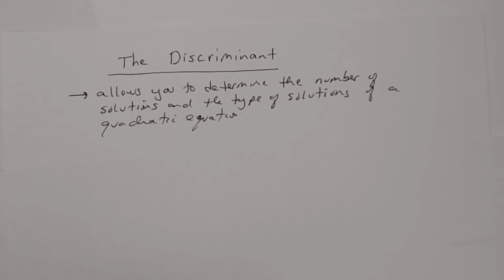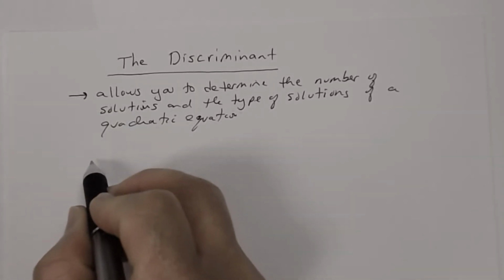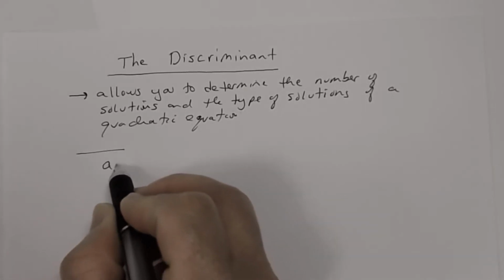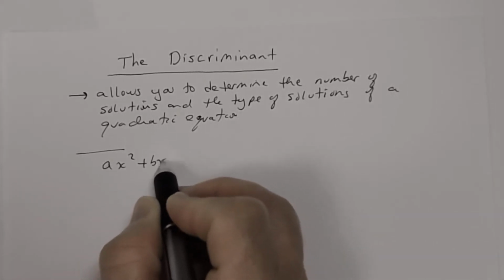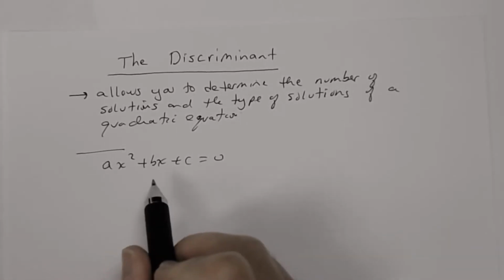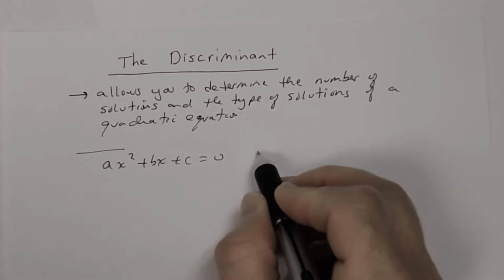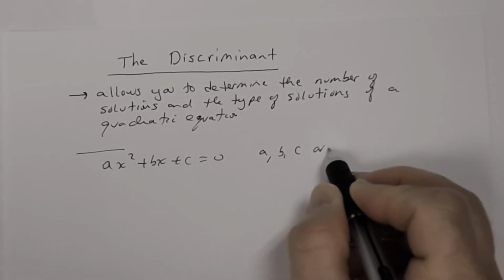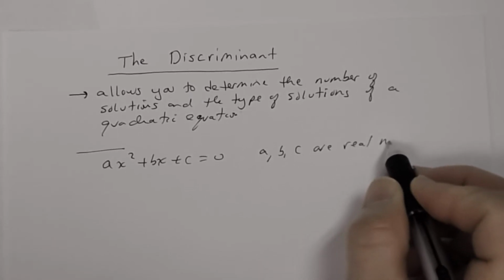So then you may ask, well, what is the discriminant? Well, remember when you solve quadratic equations, and so when you had this quadratic equation, ax squared plus bx plus c equals 0. Now remember, you were reminded that a, b, and c are real numbers, so that's important.